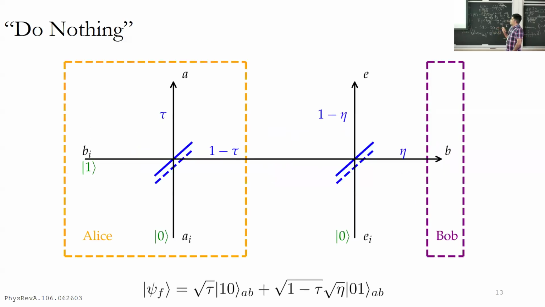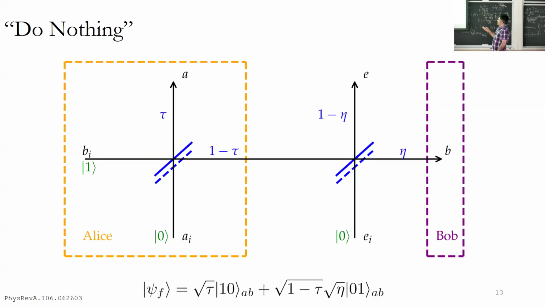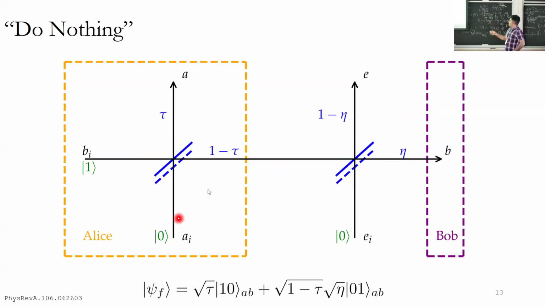But instead of doing nothing, before going forward, I just wanted to not do all of my talks in cartoons and give a bit of quantum optics here. So in linear quantum optics language, this translates to something like this. Alice has a state in two modes, A and B. Then you have this beam splitter here, which makes a single rail entanglement. And then you have this loss, which is modeled by another beam splitter.